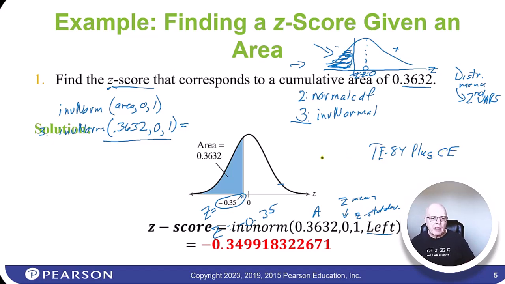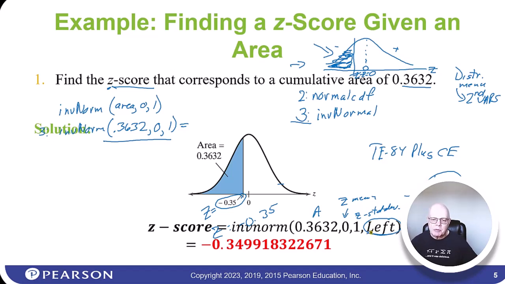Typically, if we're working with a TI-83 or one of the older TI-84s, it's automatically looking toward the left, because that's how the calculator typically has worked. But starting with the version CE, it allows us to look to the left if we want to, or we can look at the right side, or we can look at the center part.